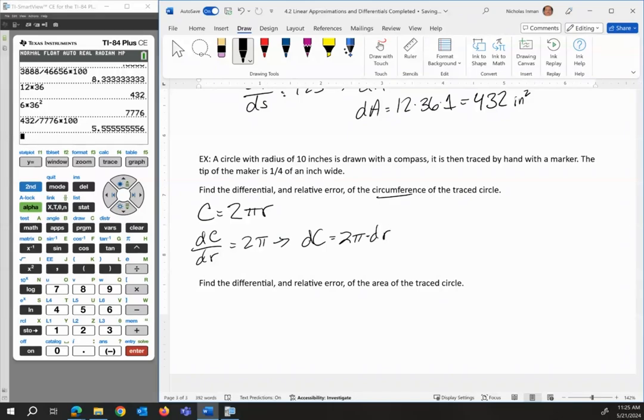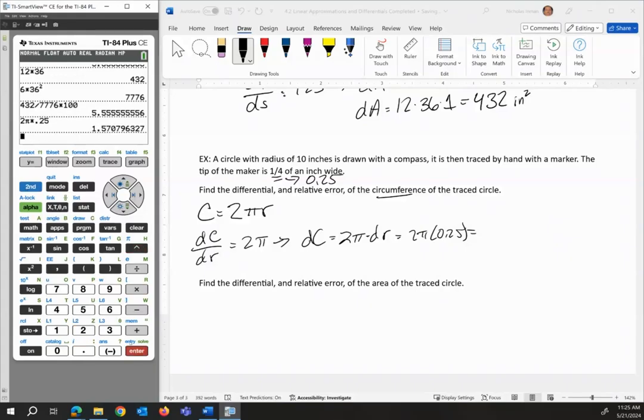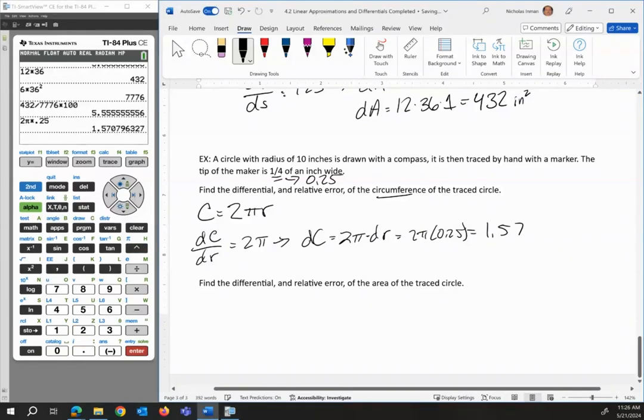Okay, now our dr, our differential here would be 0.25 inches. Everything's in inches. So 2 pi times 0.25. So we might be off by about 1.57 inches.